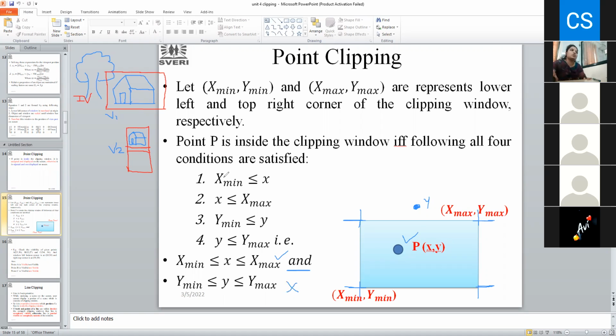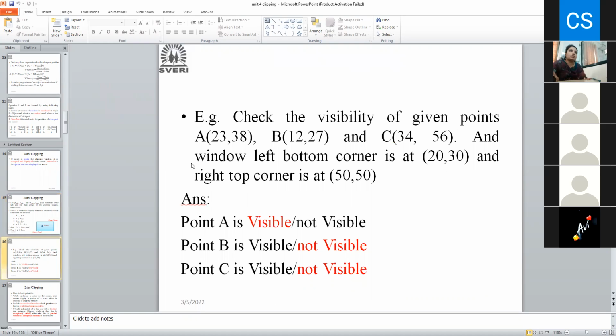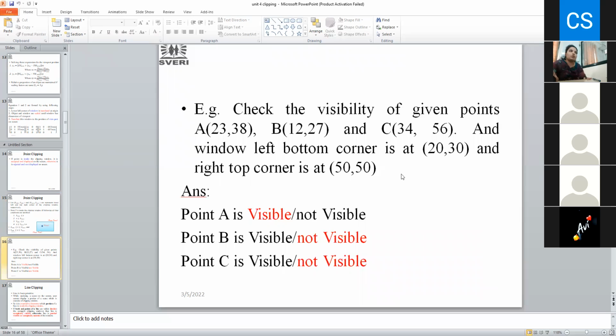Else we are going to reject that point as it is invisible. Right? So you can draw these 3 points and check the visibility. Okay. So we will stop here for today.